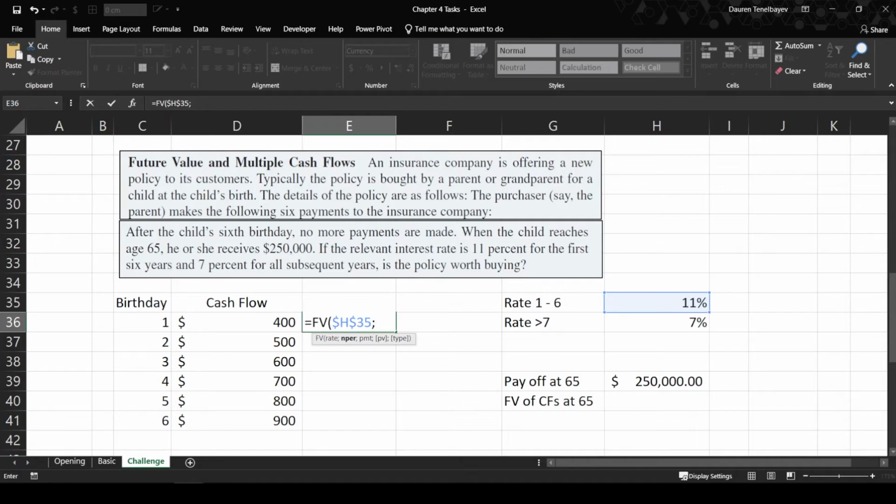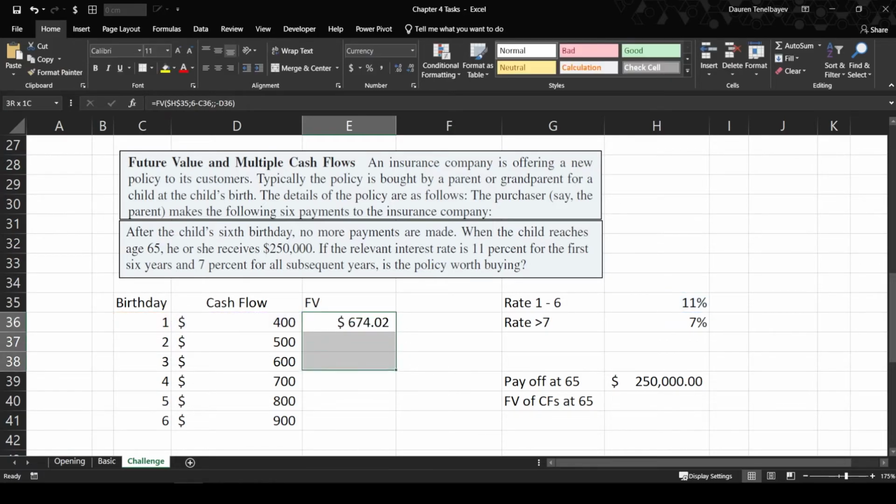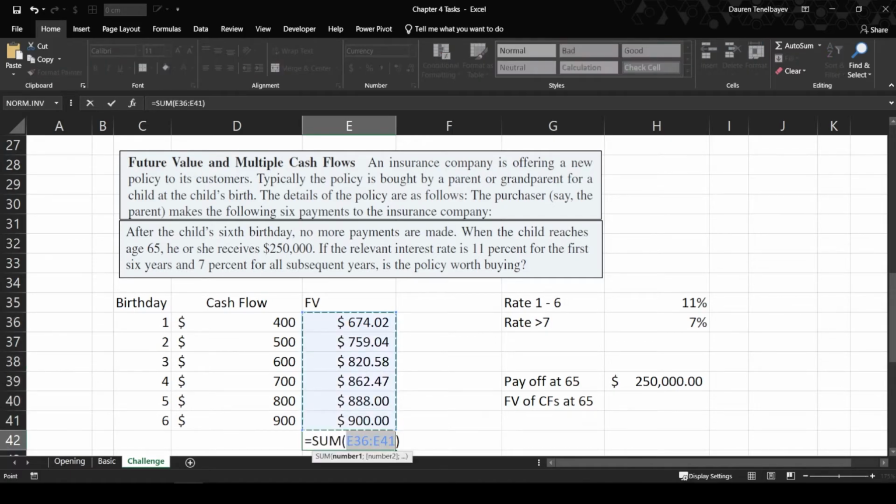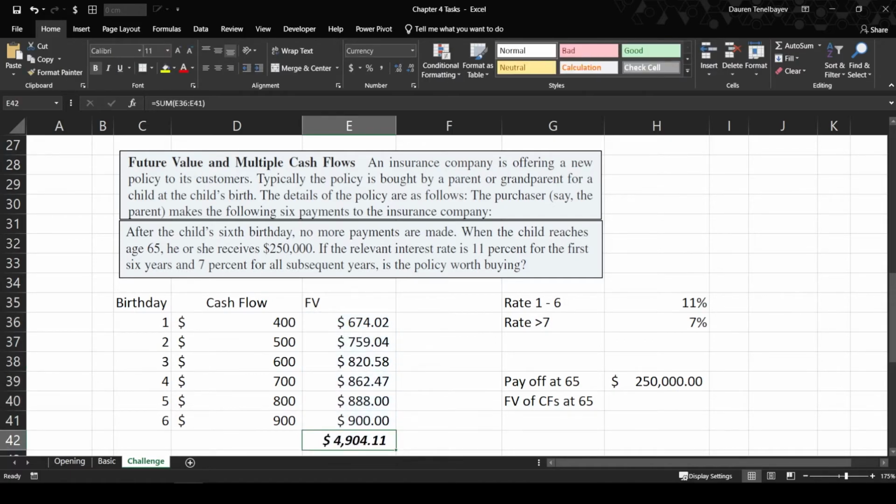For example, for the first cash flow, we write 6 minus 1. It means the first cash flow will be compounded 5 times, and the second cash flow will be compounded 4 times. We don't have PMT and the negative present value. That's why we copy the formula down. And finally, we sum it up. Let me just highlight it.